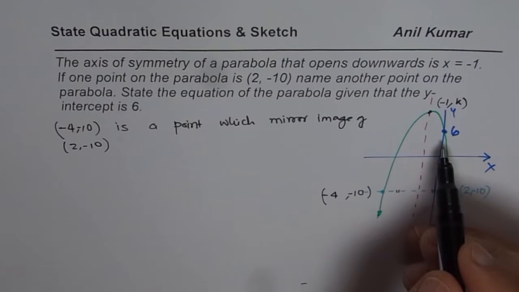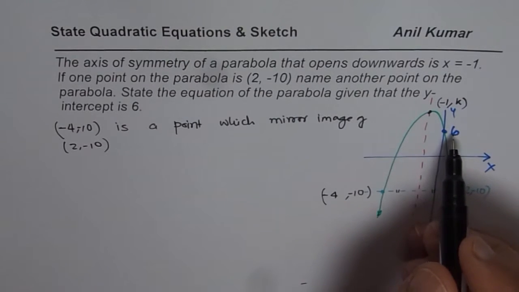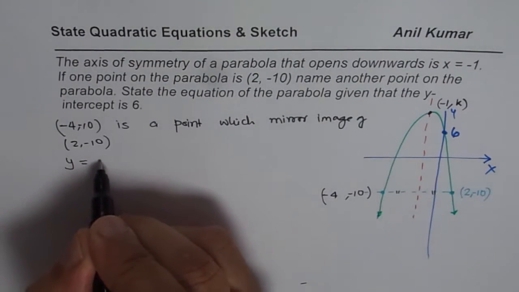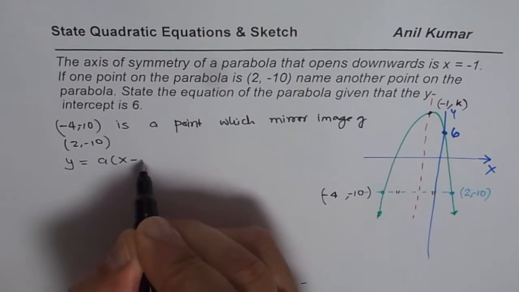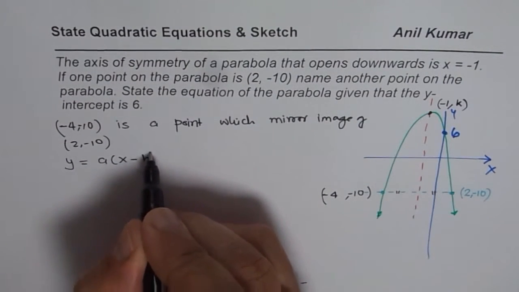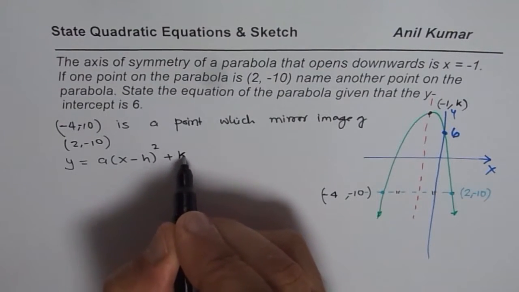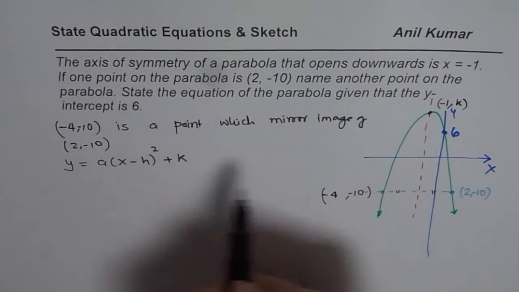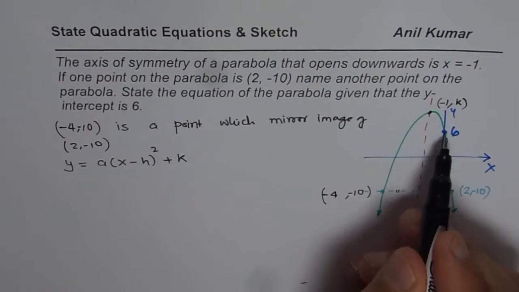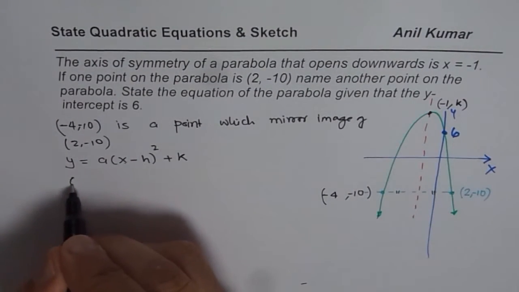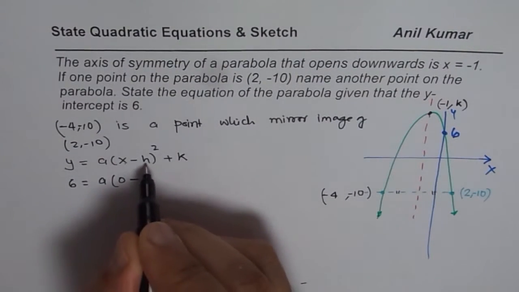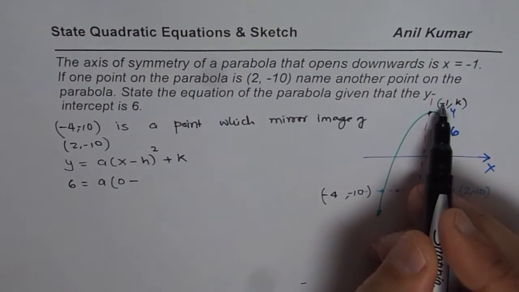Now which form of equation should you use? I'll prefer to use the vertex form, which is written as y equals a times (x minus h) whole squared plus k. Since we know the y-intercept, (0, 6), we can substitute that here. So we get 6 equals a times (0 minus h) whole squared plus k, where h is the axis, which is minus 1.